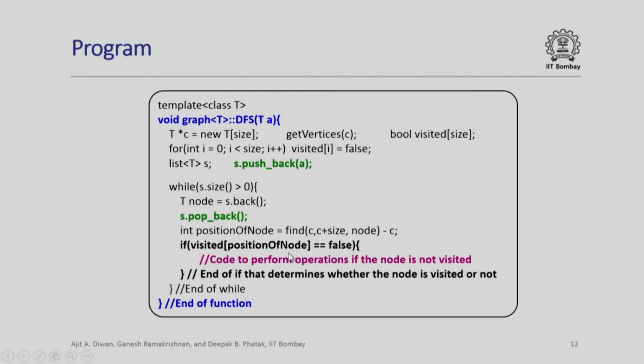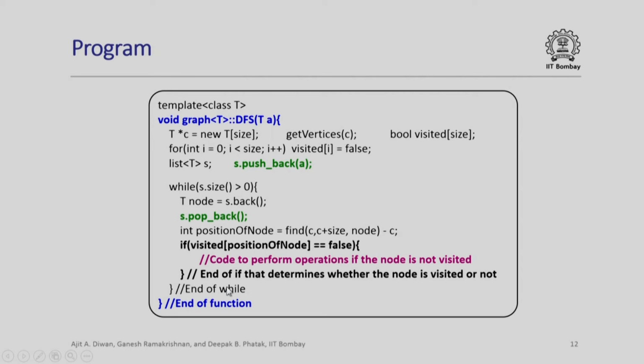Now you will see the importance of using this Boolean array visited. This is the main purpose, to keep track of whether a node has been visited or not visited. Now if the visited is false, that means the node has not been visited. I need to write code to perform operation which is as per the DFS logic.